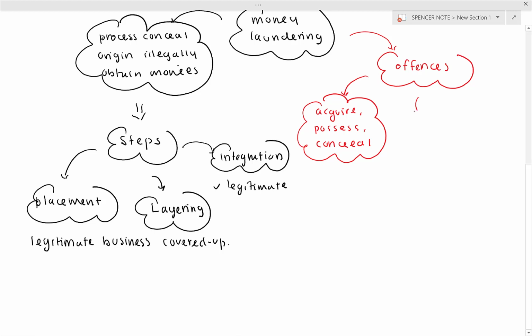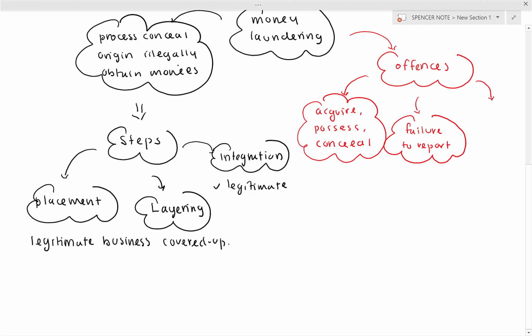Number two, accountants have to be very careful because failure to report any knowledge or suspicion of money laundering activities is also an offense. So during the course of an audit, if the auditor comes across knowledge or suspicion of money laundering, they have a duty to make a report to the relevant authority.